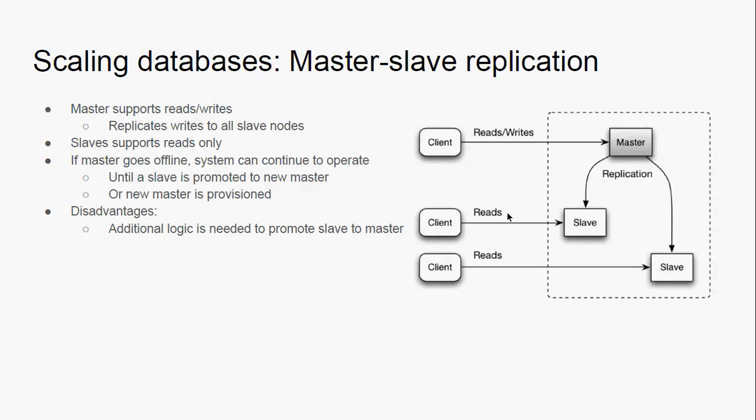Since I don't have the big picture of the architecture here, that's why it's causing confusion. But if you look at the big picture, if you have multiple servers, you typically have a load balancer redirecting the request to slaves or master, depending on whether it's read or write.